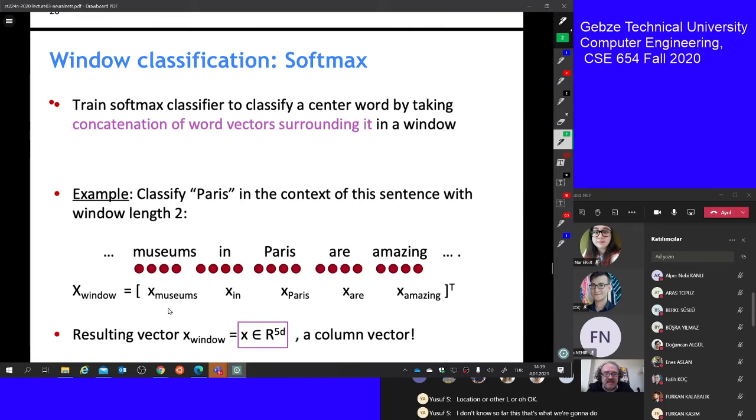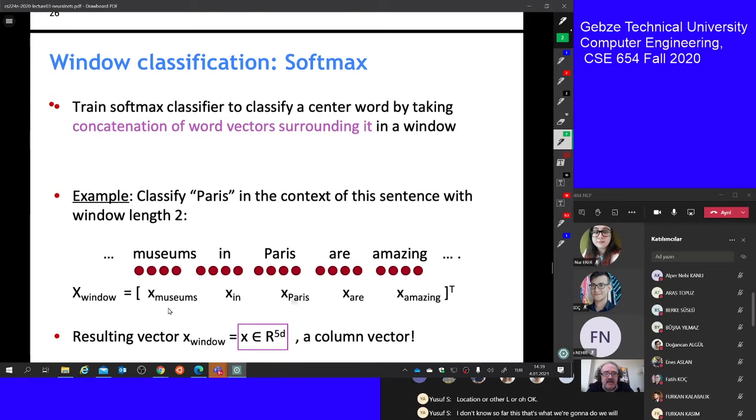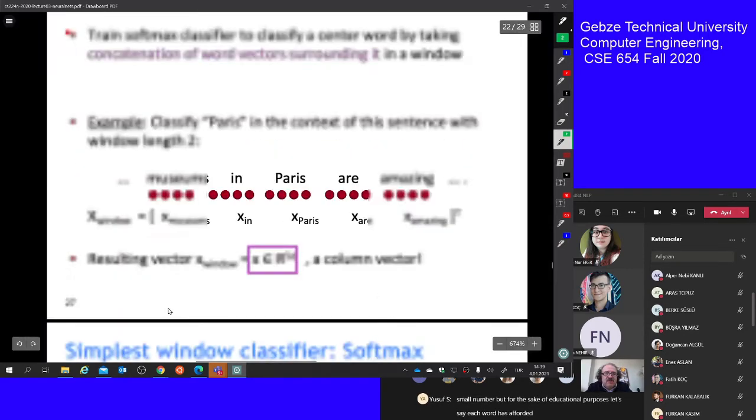For this, we will put Paris in the middle, and we will put museums, in, are, and amazing around it, and we will make a vector out of it. Let's say each word has a 4-element vector. 4 is a very small number, but for educational purposes, let's say each word has a 4-dimensional vector.